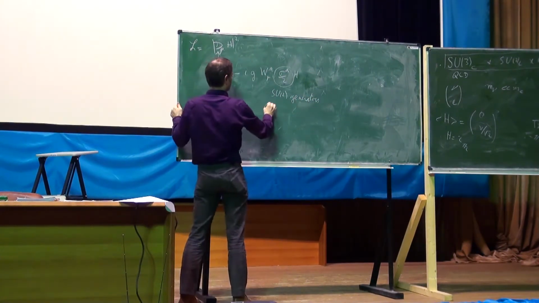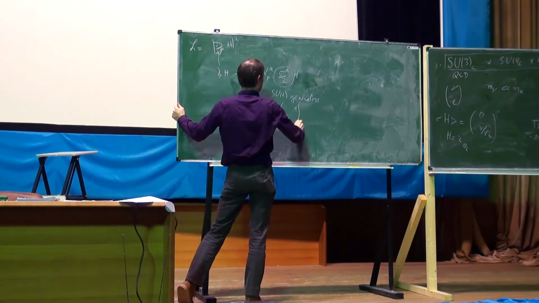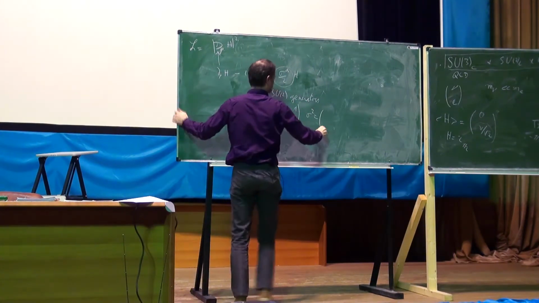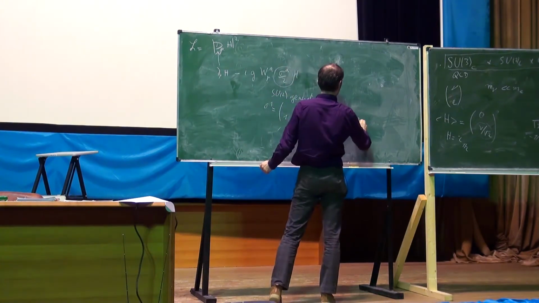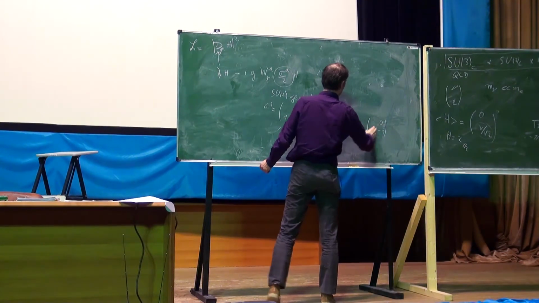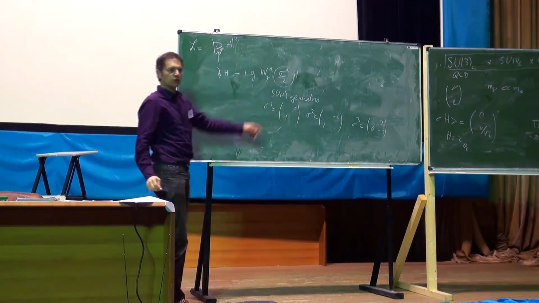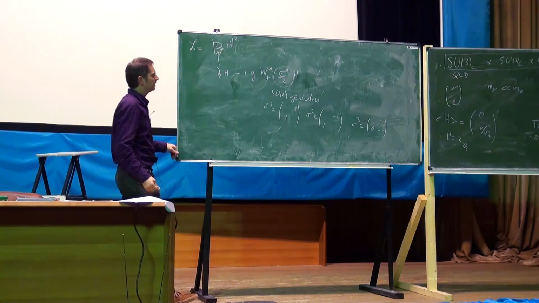Sigma 1 is (0 1; 1 0). Sigma 2 is (0 -i; i 0). And sigma 3 is (1 0; 0 -1). And you can check that those matrices form the SU(2) algebra.